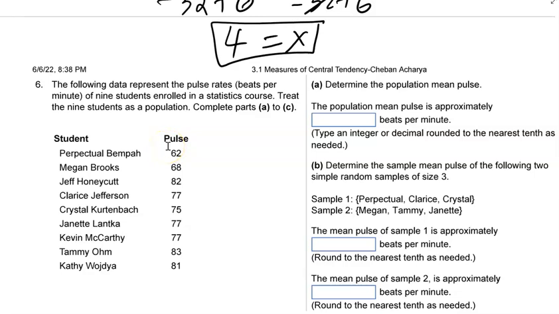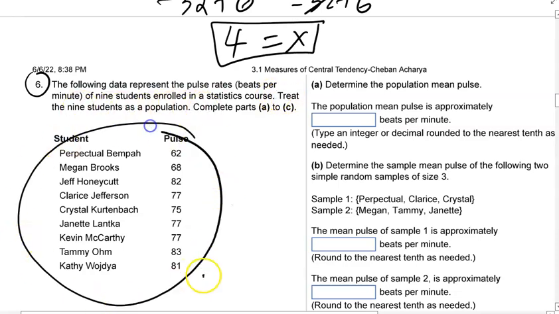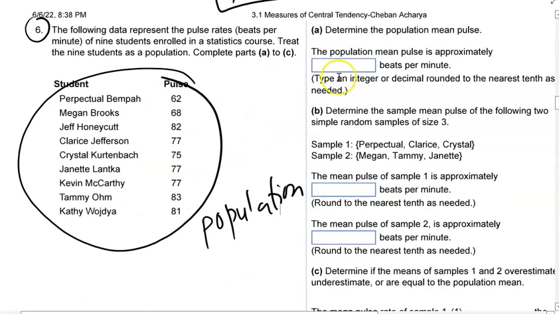Question number 6. The following data represents the pulse rate, beats per minute, of 9 students enrolled in the statistics course. Treat the 9 students as a population. Complete parts A to C. Determine the population mean pulse.